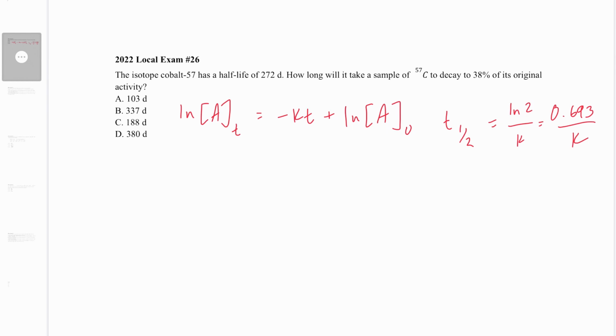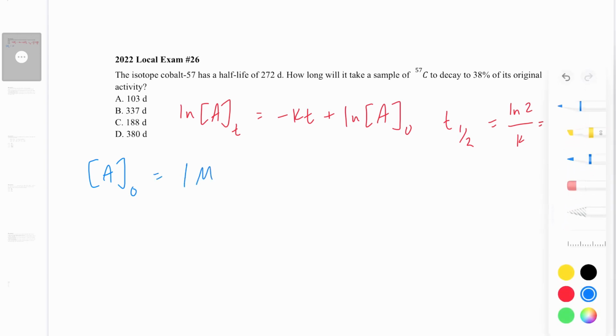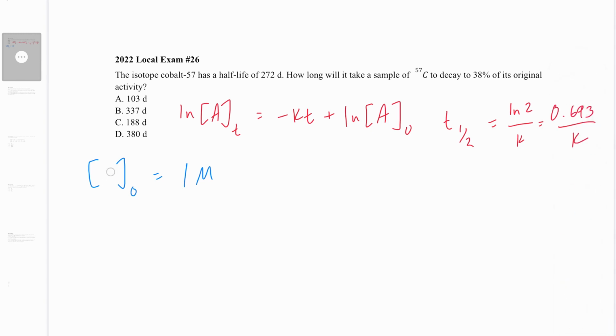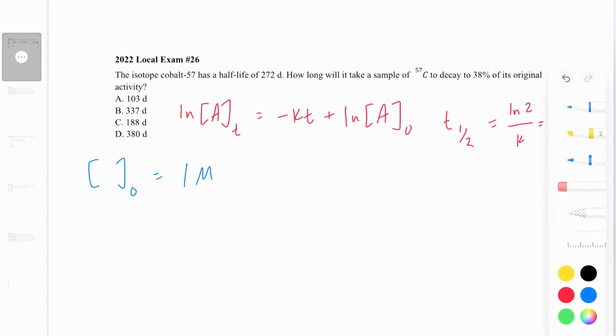So whenever you have a question like this, it's helpful to just assume a certain initial concentration. So let's say our initial concentration, A0, is equal to 1 molar. For this case, I guess I should write cobalt, since we know what element we're dealing with. That's cobalt.